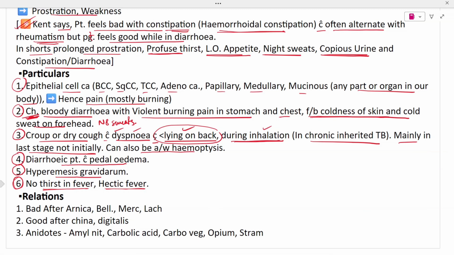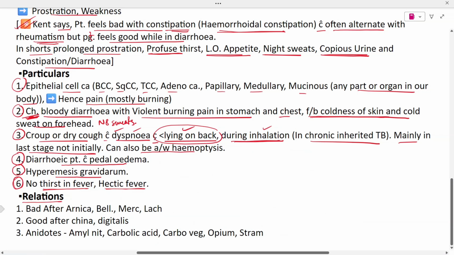Some drugs do not work very well before the prescription of some other drugs. These are their medicinal relations. Number one: it is bad after Arnica, Belladonna, Mezereum and Lachesis. In such cases, we do not use acetic acidum. Second, it is good after China and Digitalis. In edema, particularly, when you have prescribed Digitalis, after that you can think of acetic acid.